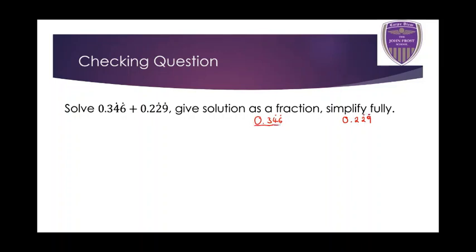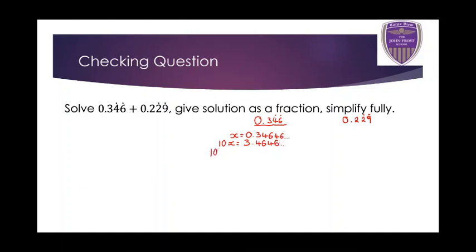So first of all, 0.346 recurring. So x is equal to 0.34646. 10x is equal to 3.4646. Now I can't use these because the decimals don't line up.